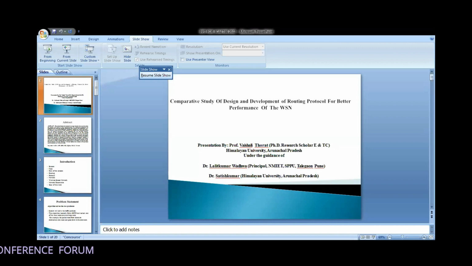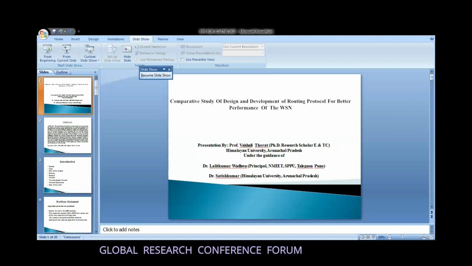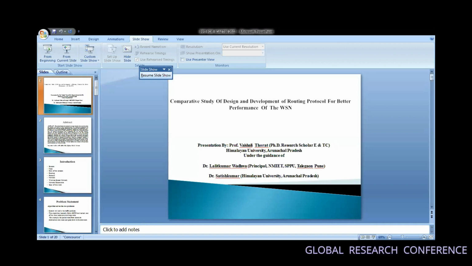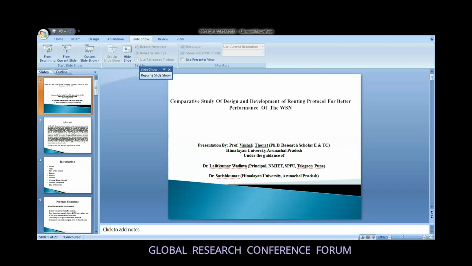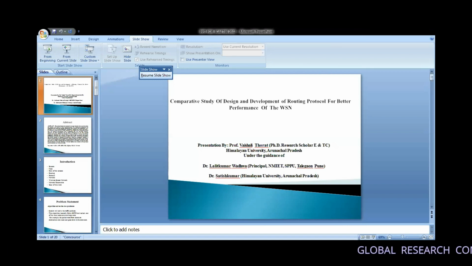It includes all the probable delays, such as buffering during routing and queuing at the interface, etc. Packet delivery ratio is defined as the proportion of the number of data packets acknowledged by the destination to the number of packets created by the source.